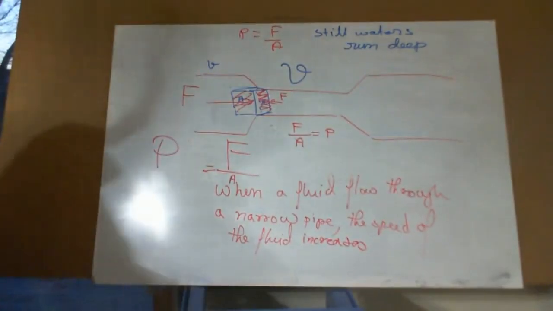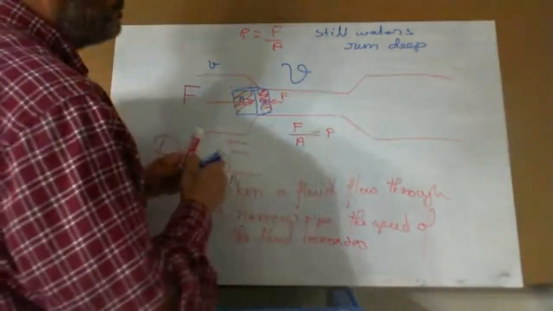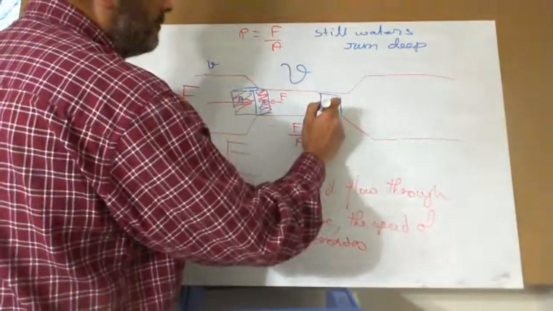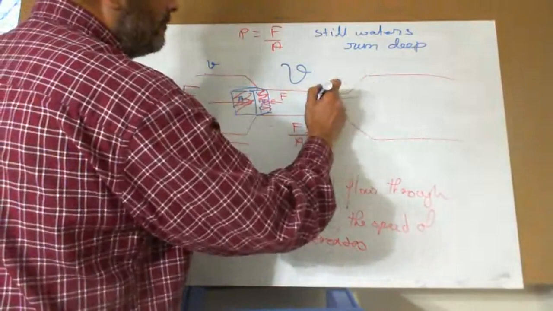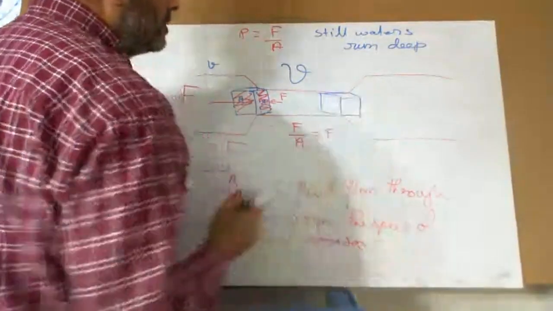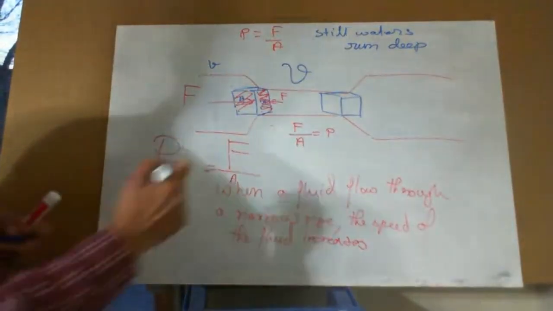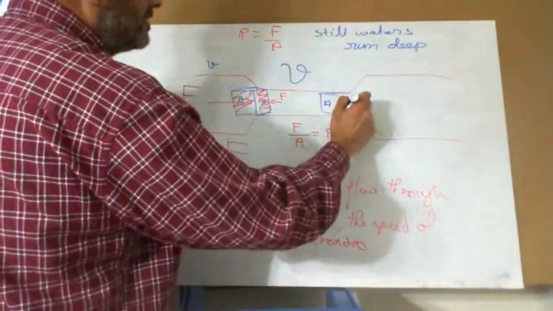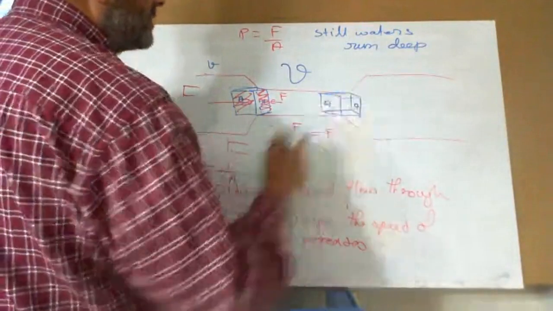You can use the same argument on the other side. So this is the area, same area.